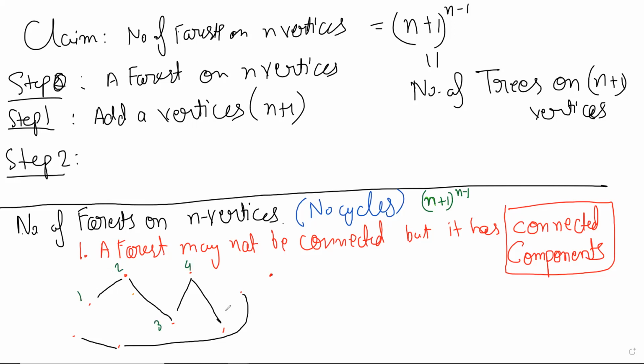Let's see. So let me label this, because now it's a little more serious to label it. 6, 7, 8. And the ninth one comes in. So n equals 8. If you say connect, how do you connect this 9 with these two components?